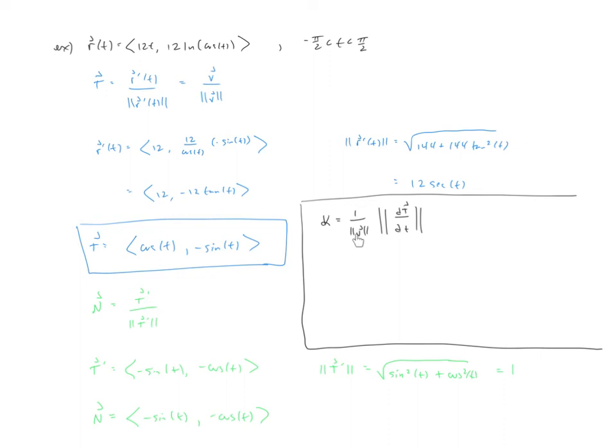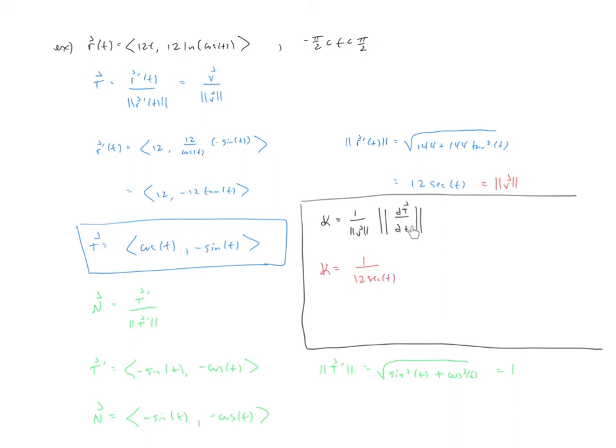The magnitude of v, if you remember, is going to be this guy right here. Since the magnitude of r prime t is the same thing as the magnitude of the velocity vector, this is going to be also equal to our magnitude of v. So I'm going to go ahead and write kappa equals 1 over 12 secant t.